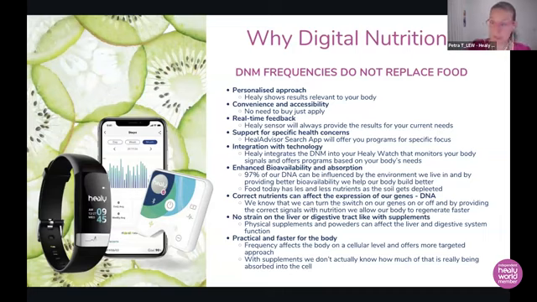We had frequencies before, but as a company, they really brought this out, and it's really amazing. When this came out, my whole body was so excited. And it was really hard back then, when we got the Healys, to get any information on digital nutrition. It was really limited.